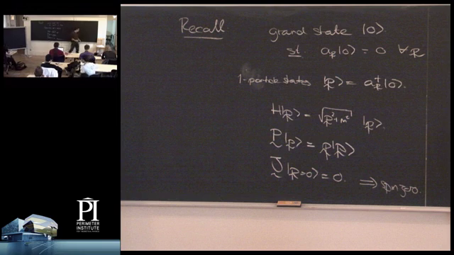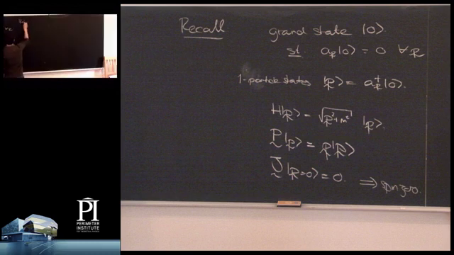No? OK, so there's a few things I just want to follow up on with this today. So the first is important, but it's a little bit fiddly. It's a question of the normalization of these states.